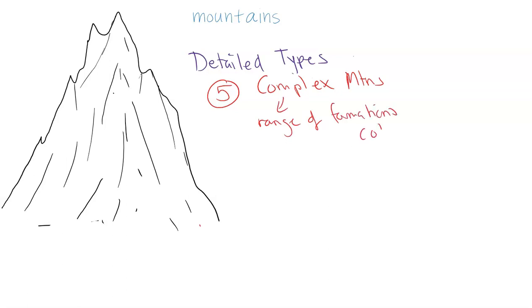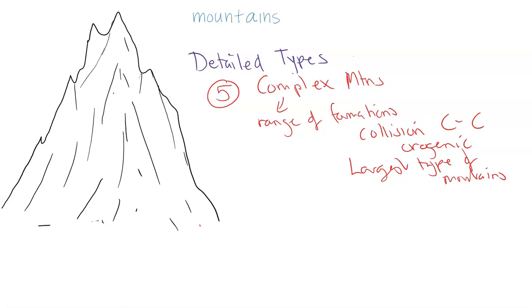They're usually collision based, continent meets continent, so they're obviously orogenic in nature. They form the largest type of mountains, and they are mostly associated with compressional stress, so the opposite of thrust block mountains.